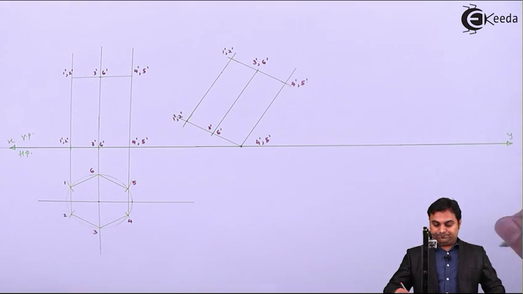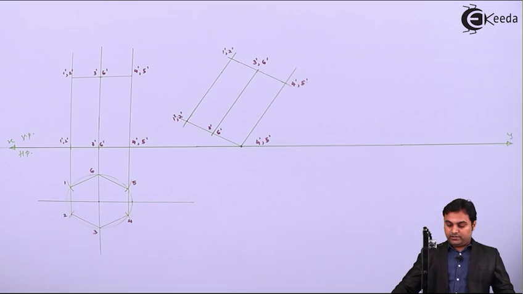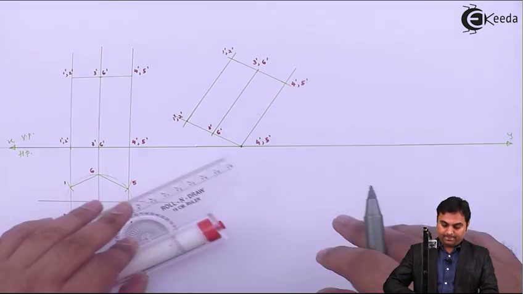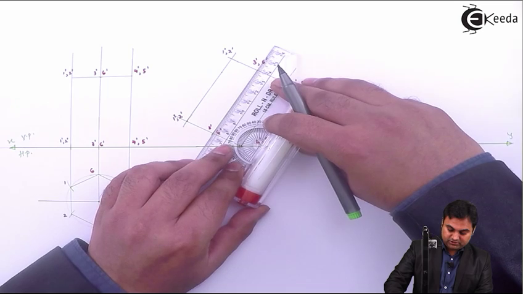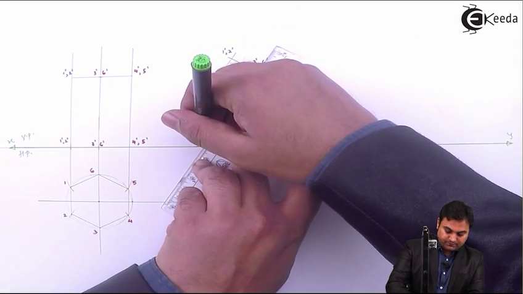Then this is the front view of that inclined prism, and here if you see this point, this line 3 6 is indicating the axis.